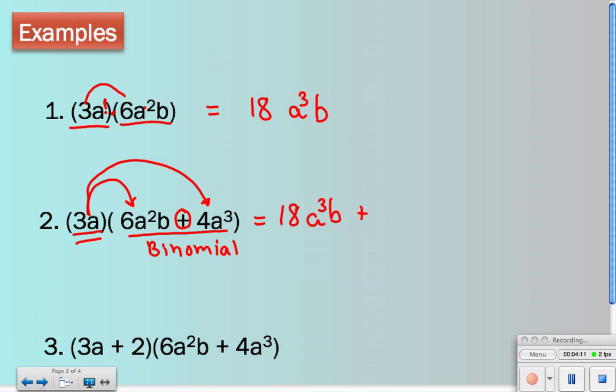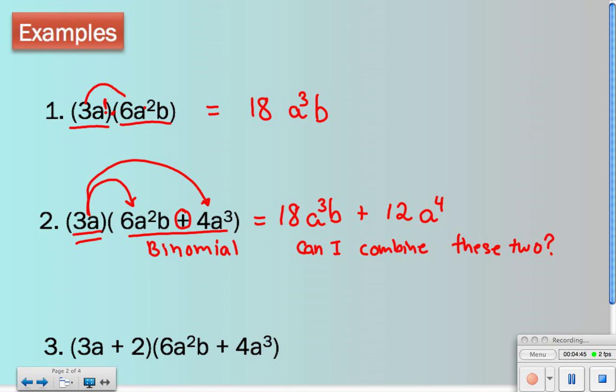And, well, let's do this. 3 times 4 is 12. A times a cubed. Okay, when I'm multiplying, I add the exponents together, so that's a to the fourth. And that's it. There's nobody else to multiply. Now the last thing I would try and do is see, can I combine these two?